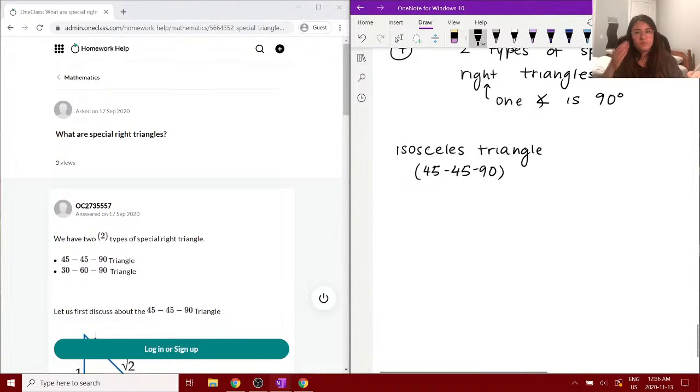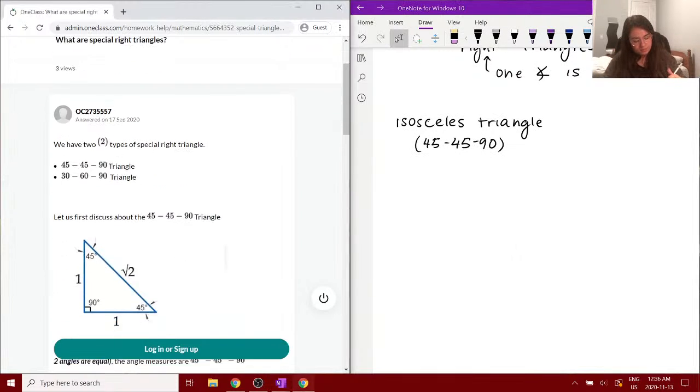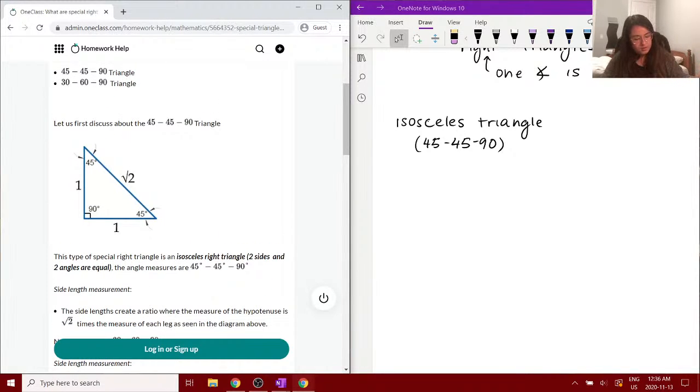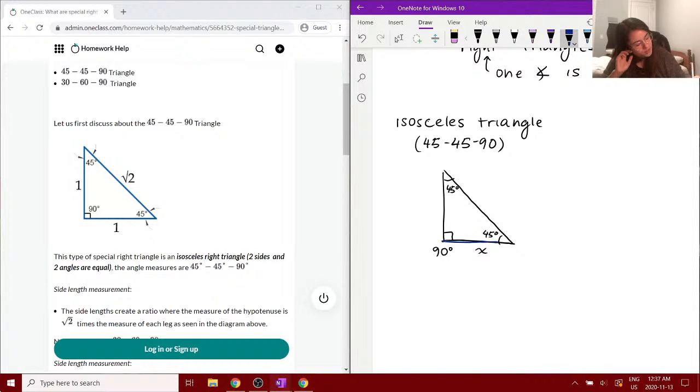So let's draw that one first. Here we can look at it here. So this is what the triangle looks like. Alright, so where we have the 90 degrees in this corner, we have 45 degrees and 45 degrees in the other corners, and this side length here and this side length here should be equal.